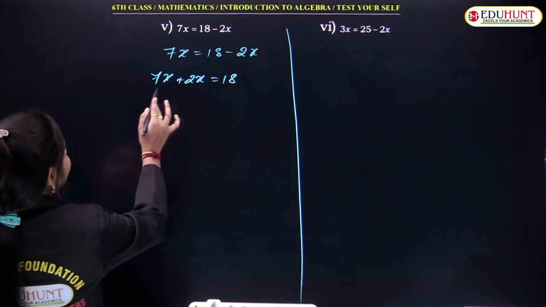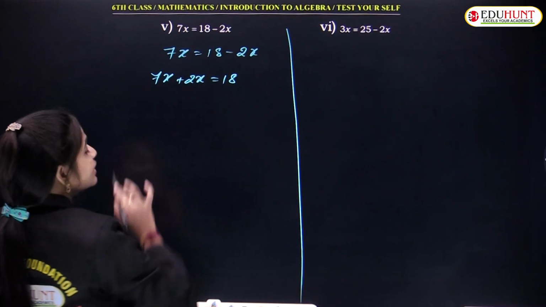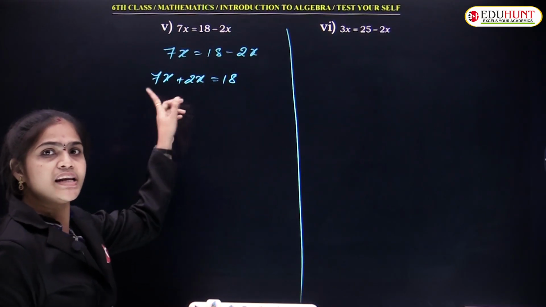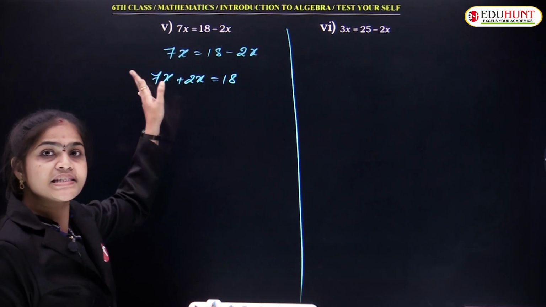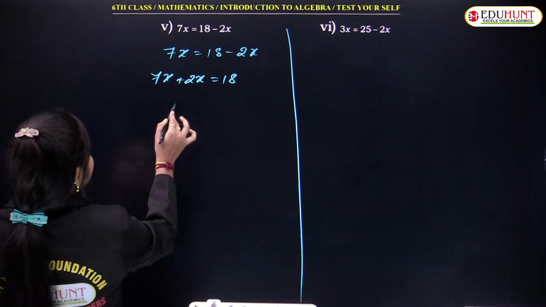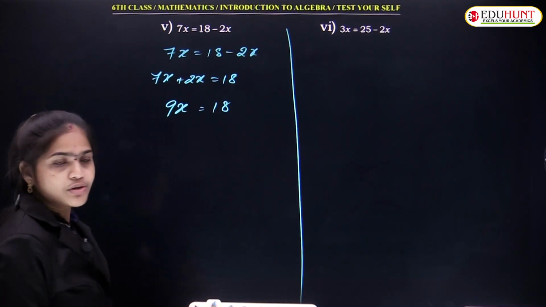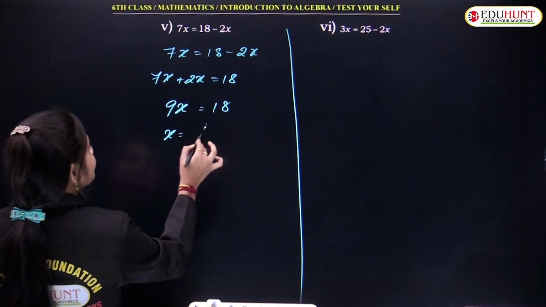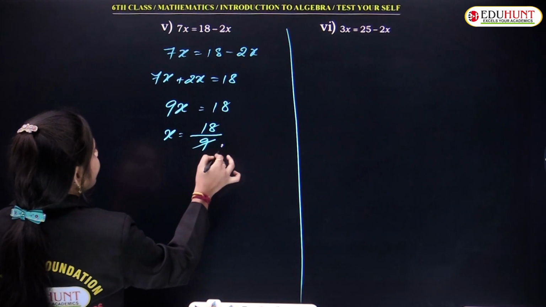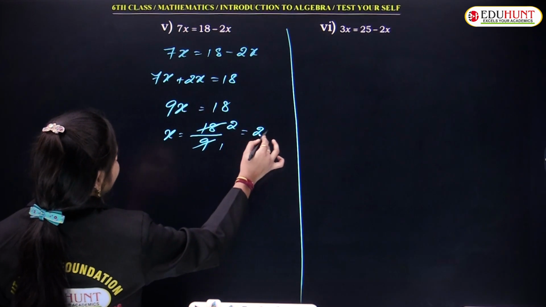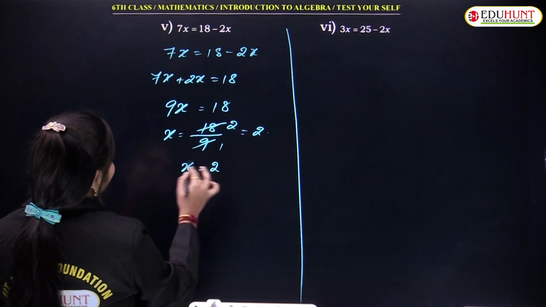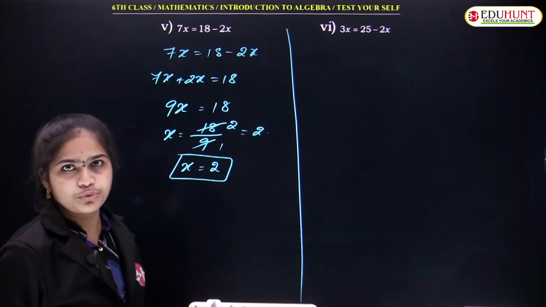Now, what are the coefficients of x here? 7 and 2. So we need to add 7 and 2. 7 plus 2 is equal to 9x is equal to 18. Understood? Now x is equal to 18 by 9. 9 ones are 9, 9 twos are 18. Finally x is equal to 2.